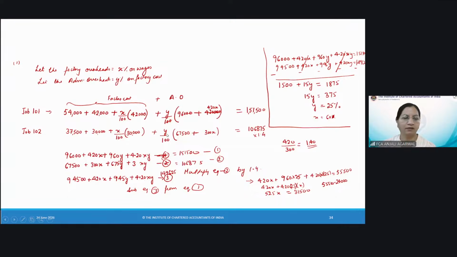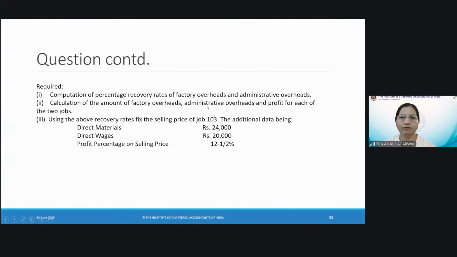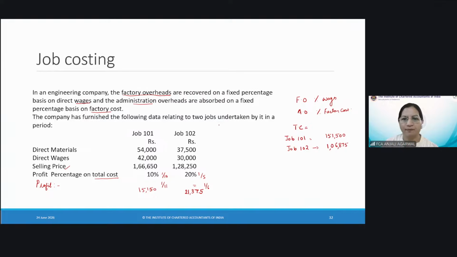Now let's prepare the second part, amount of factory overheads, administration and profit for each of the two jobs. So you can prepare this here itself. 54,000 plus 42,000 is 96,000. Then 60% on wages: 42,000 into 60% is 25,200.